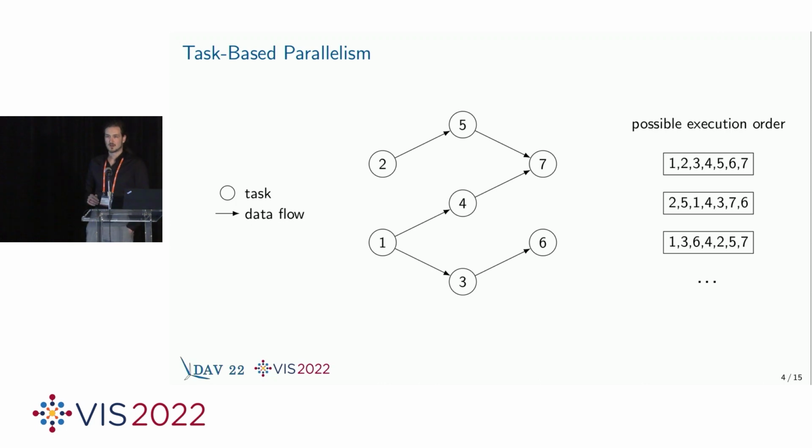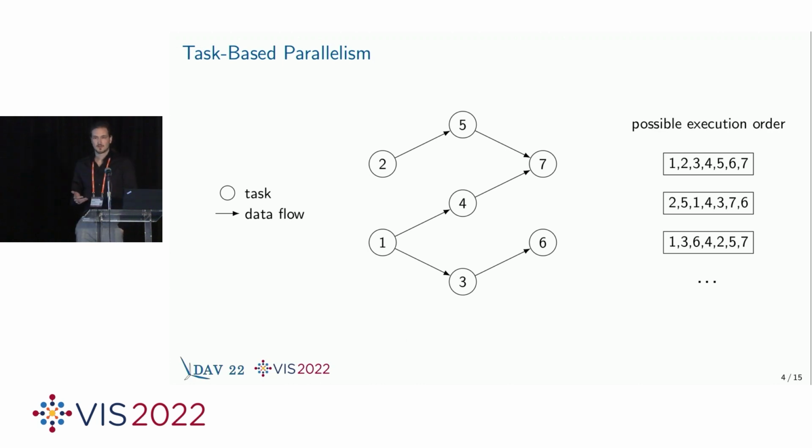One paradigm, and here we come to the second part of the title, that offers a potential solution for this problem is task-based parallelism. Here we also subdivide our computation into small independent parts, so-called tasks, that can be represented as nodes in a graph. And we model data flow or dependencies between those tasks as edges in this graph.